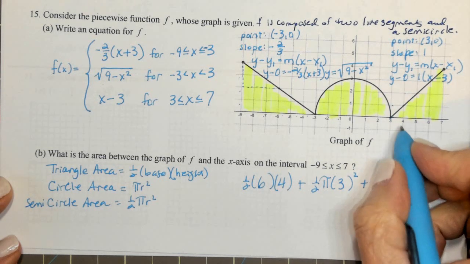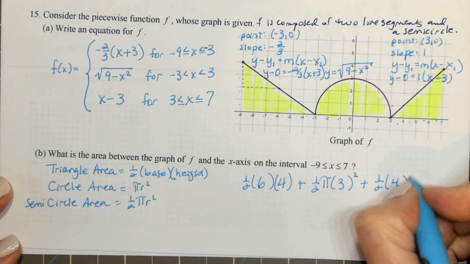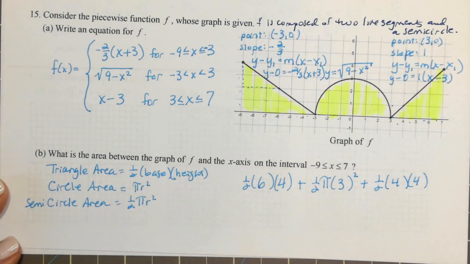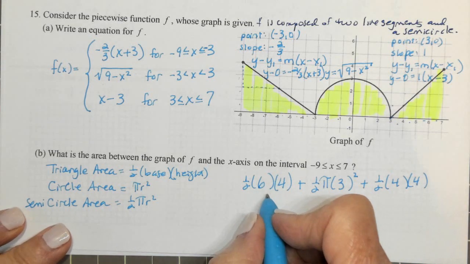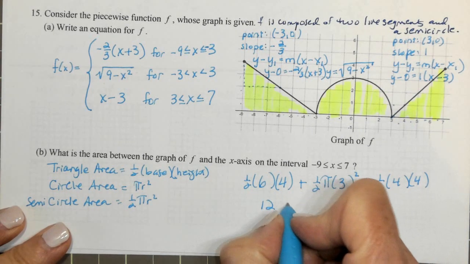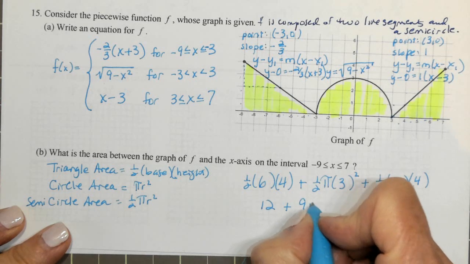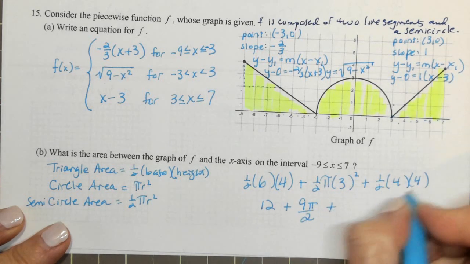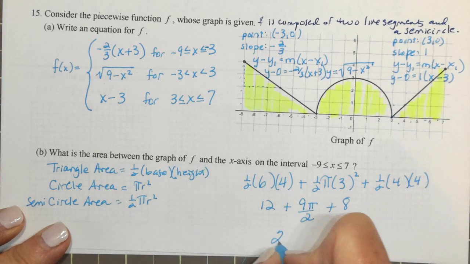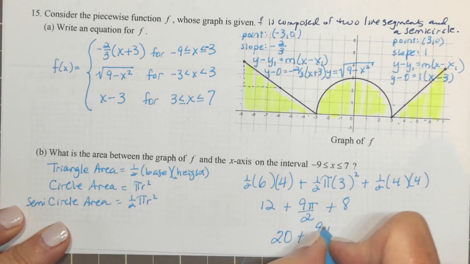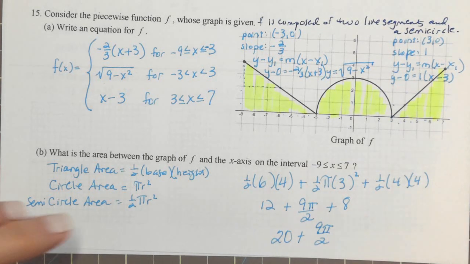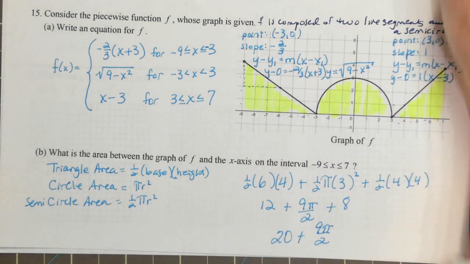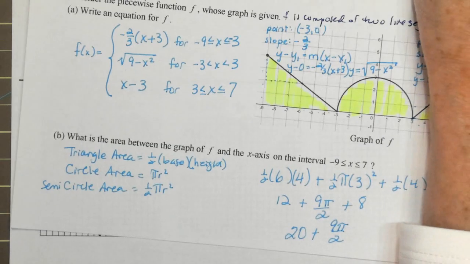The base is 4, and the height is 4. That slope of 1. Okay, so this will be 12 plus 9 pi over 2 plus 8, 20 plus 9 pi over 2. Okay, that was a very brief lesson on circles.